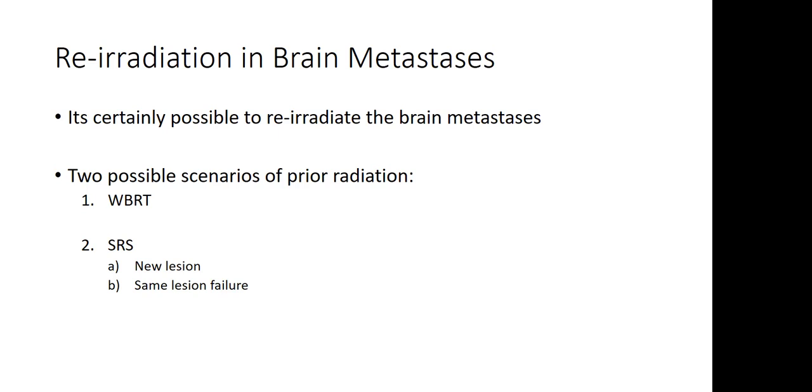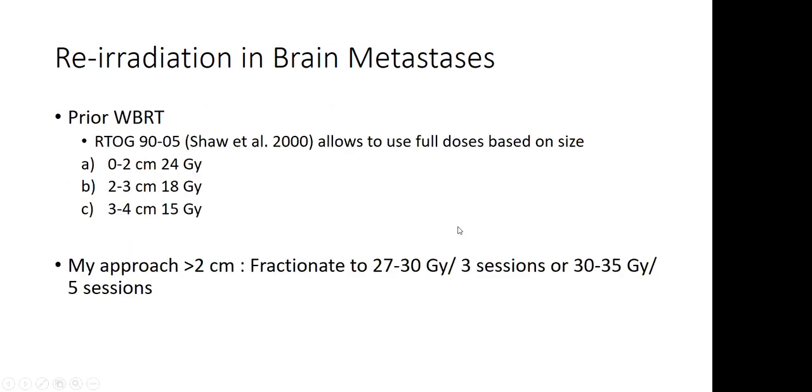So what doses are we going to use if the patient has already received whole brain radiation therapy? There was a very famous randomized controlled trial published around the year 2000, and they tried to use different dose levels based on the size of the tumor.